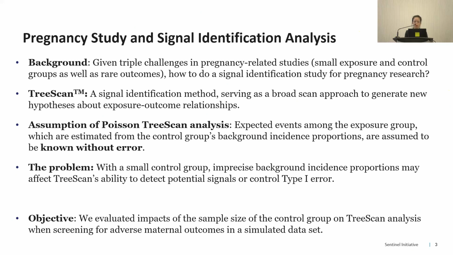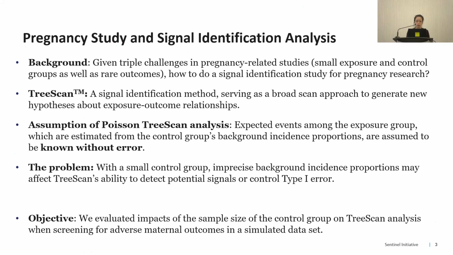So for the Poisson tree scan analysis, how we set up the study is we use the control group to calculate the background incident proportion. And from this background incident proportion, we calculate the expected event count in the exposure group. And one assumption of the Poisson method is that the calculated expected count in the exposure group has to be known without any error.